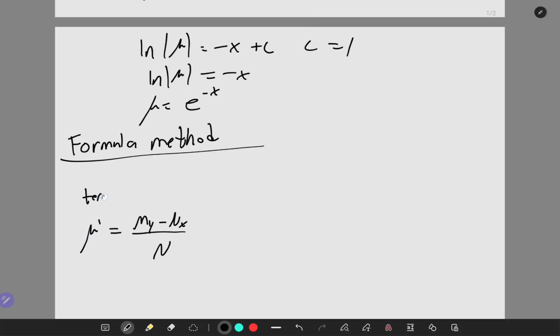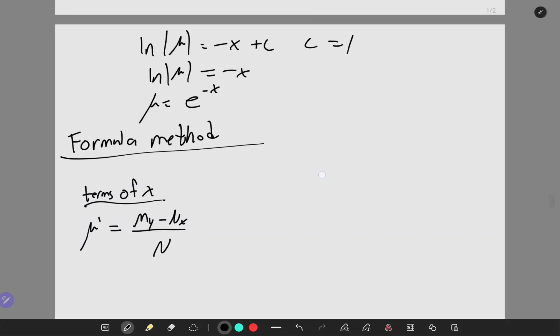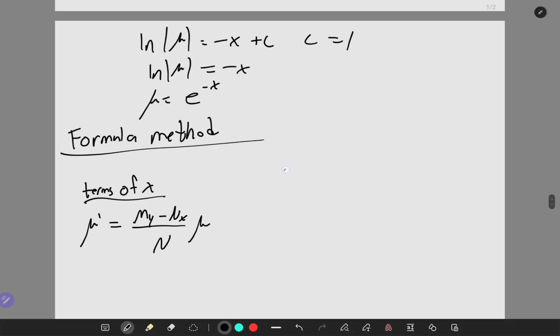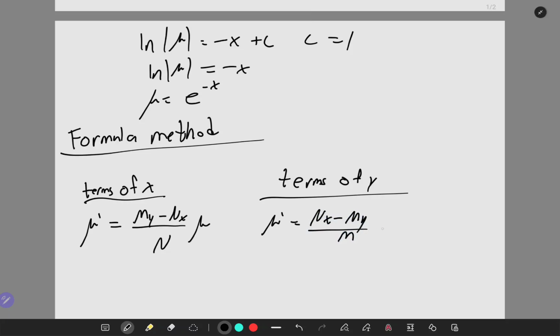And in terms of y, that's nx minus my over m, I think. Let me just make sure that's right. Yep. So these are our two formulas. This is in terms of x, that's in terms of y.